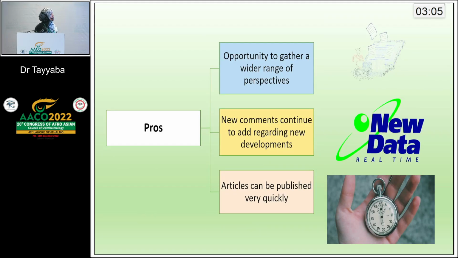Advantages are there is an opportunity to gather a wide range of perspectives, as there is a wider number of readers who can comment and give their reviews, and new data is continuously added into the reviews. Another advantage is that the articles can be published very quickly.